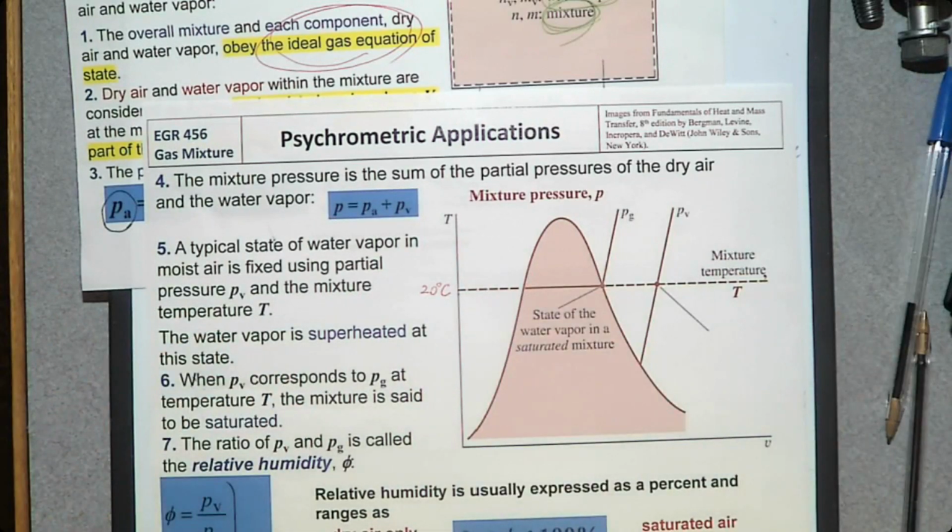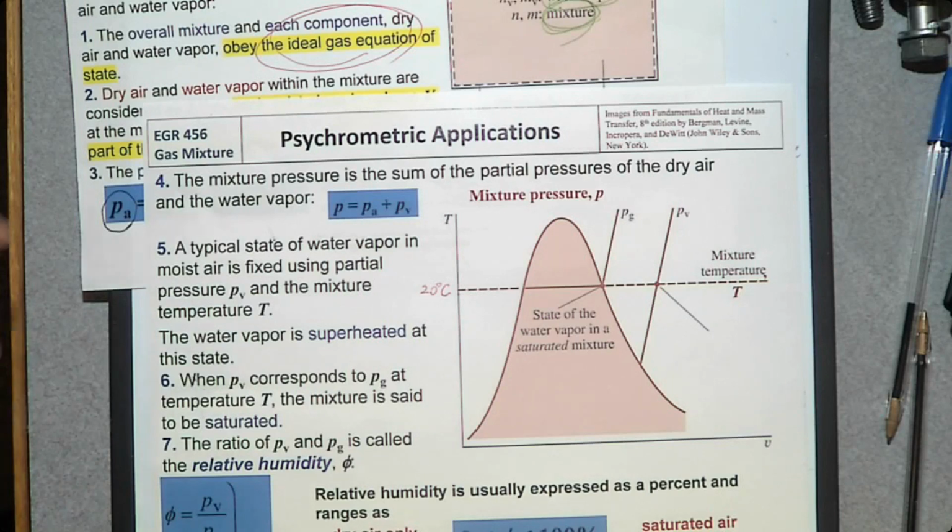Depending on the amount of water vapor present in this moist air, there will be different partial pressures of water vapor. If you have less water vapor present in this moist air, the partial pressure drops this way.